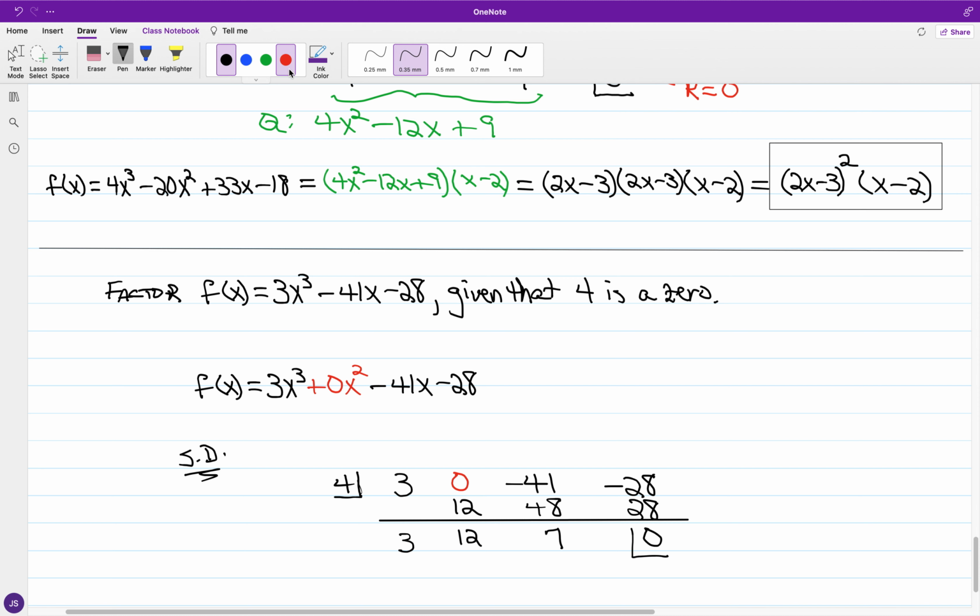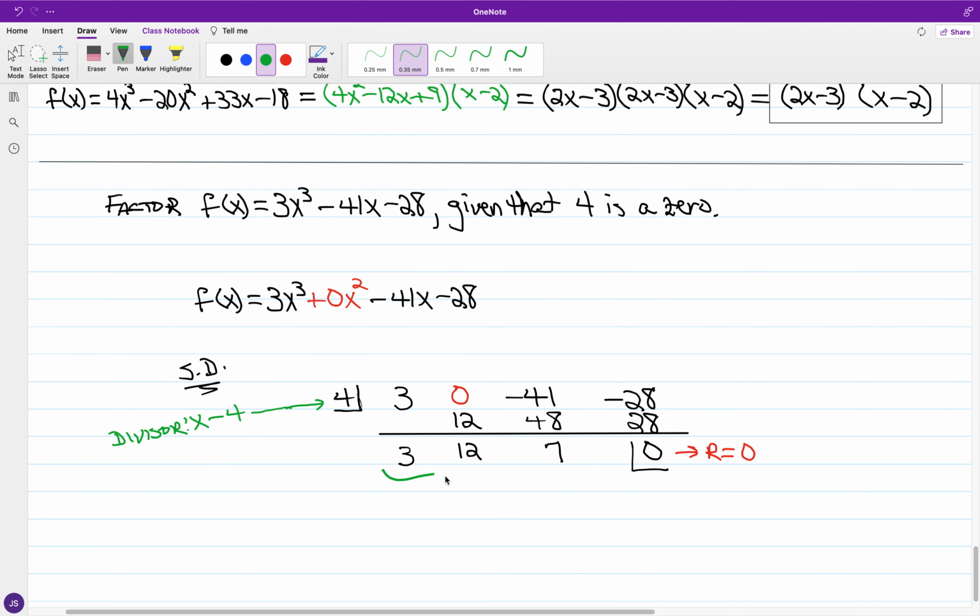In terms of the divisor and the quotient, if x equals 4 is a 0, the 0 stems from the factor x minus 4. So you have the divisor x minus 4, and for the quotient, I'm going from 3x cubed to 3x squared. And with the 12 and the 7, we'll have plus 12x plus 7.